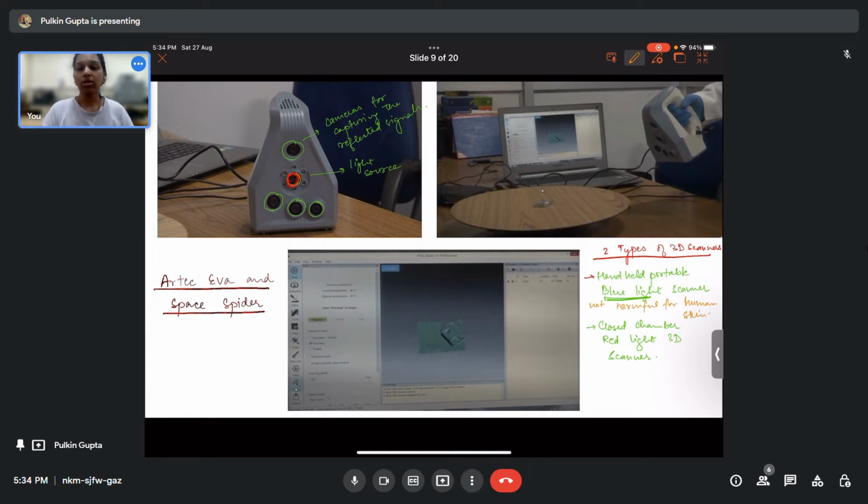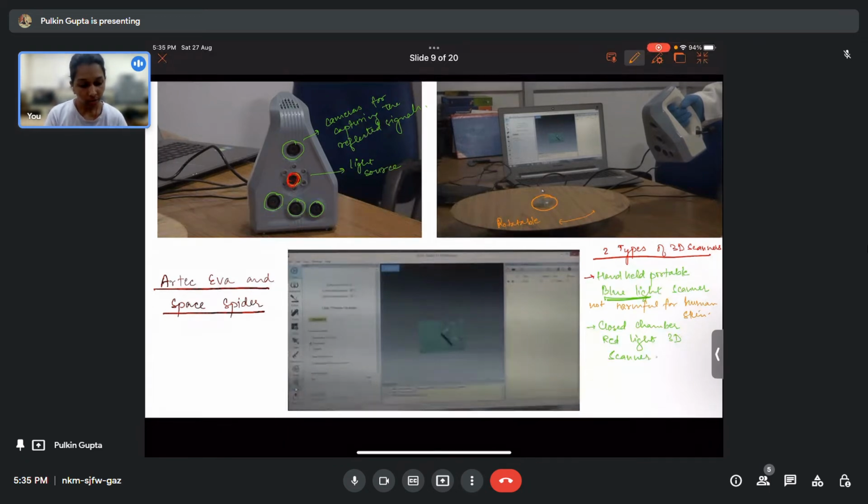In this, we can see a small aluminum object placed on a rotatable tabletop. So we can either rotate the object to get the data from all directions, or we can move the scanner in all directions to have the data from the entire object.